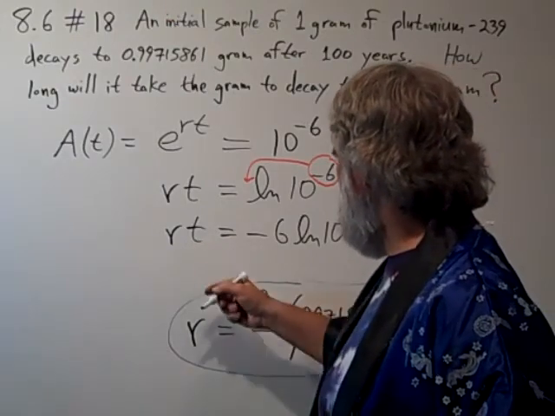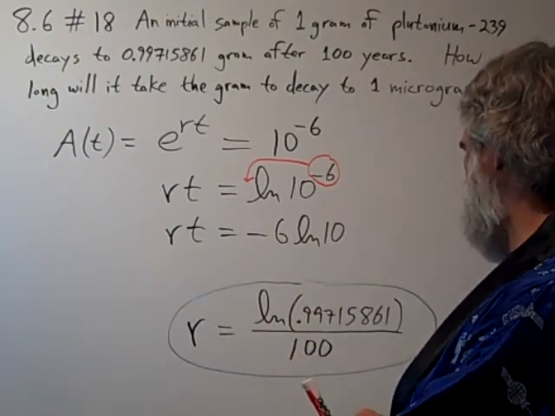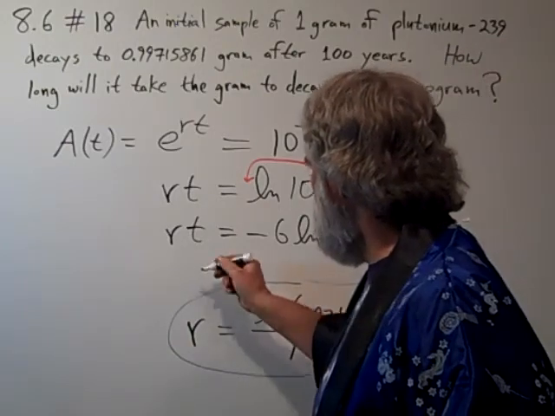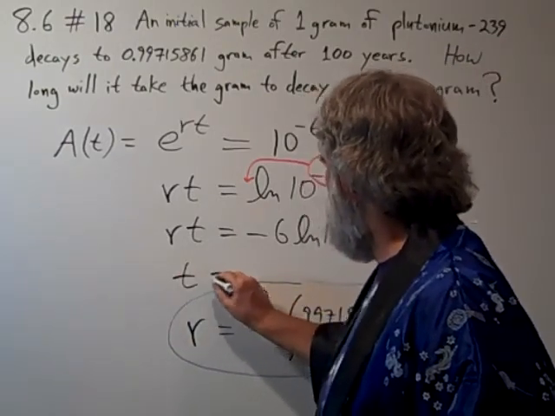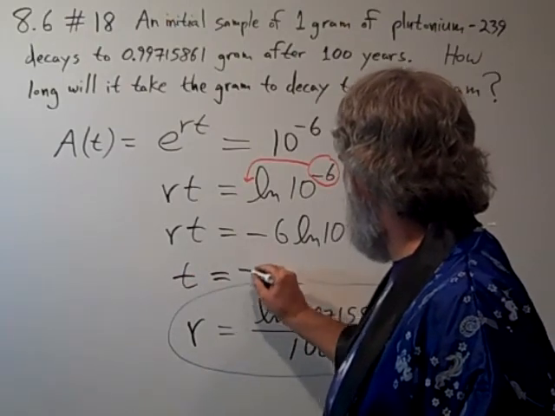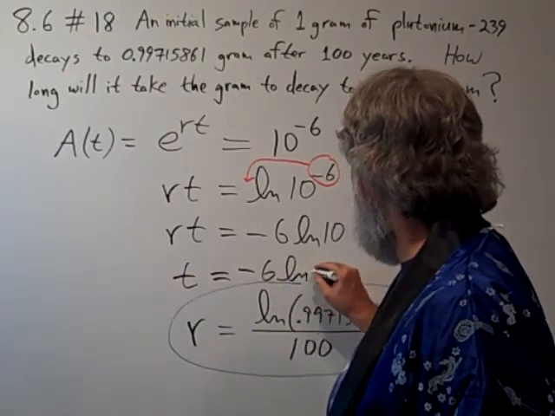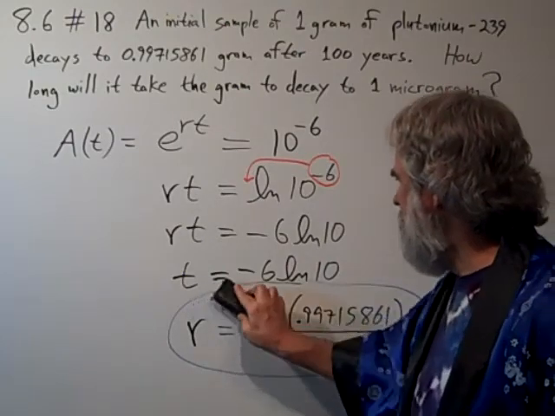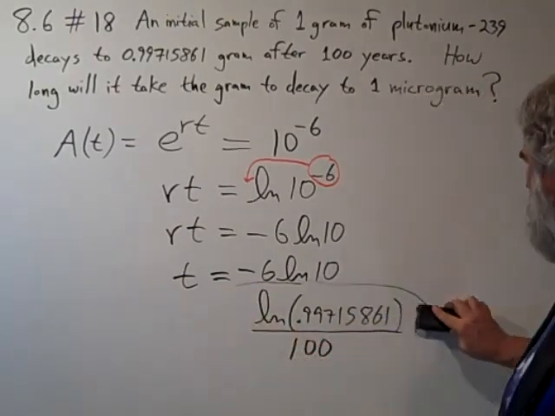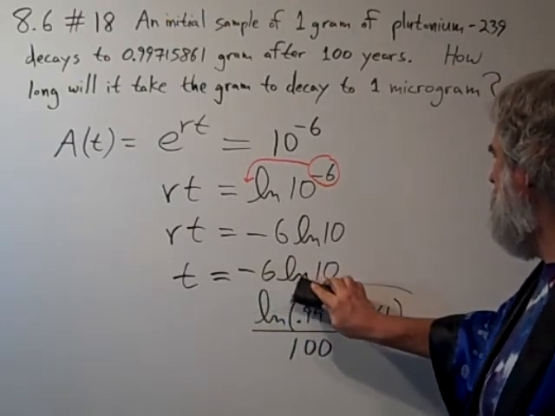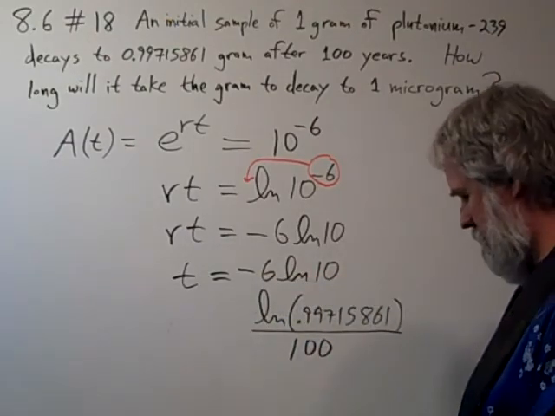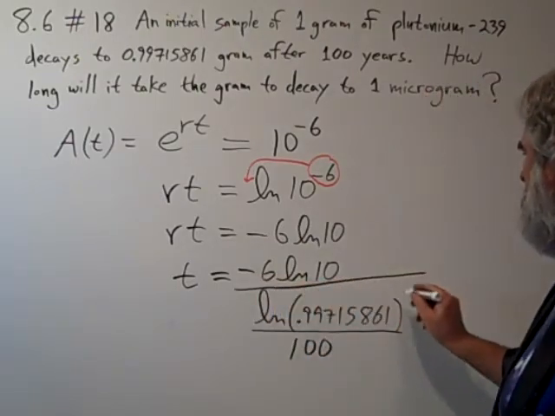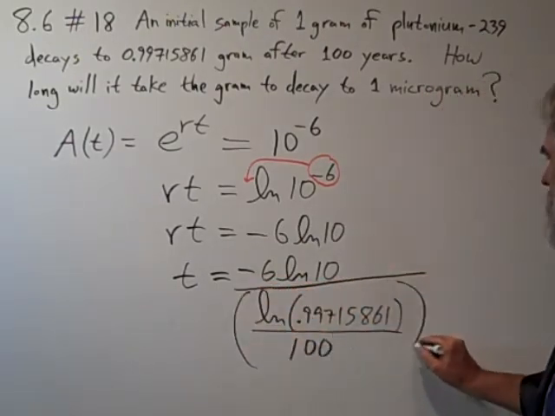So I get that t is equal to negative 6 times the natural log of 10, all divided by r.